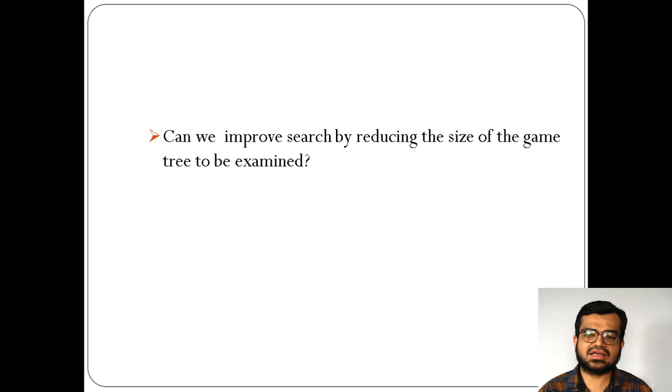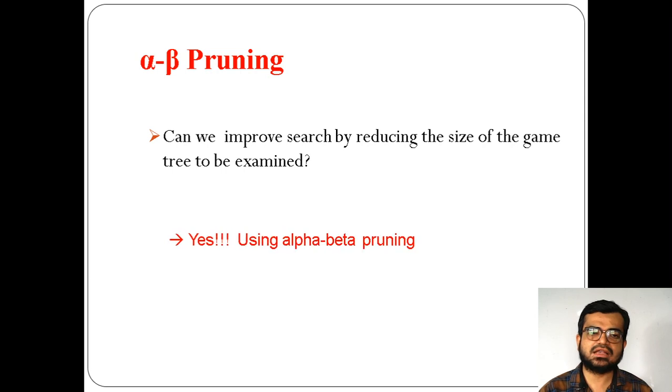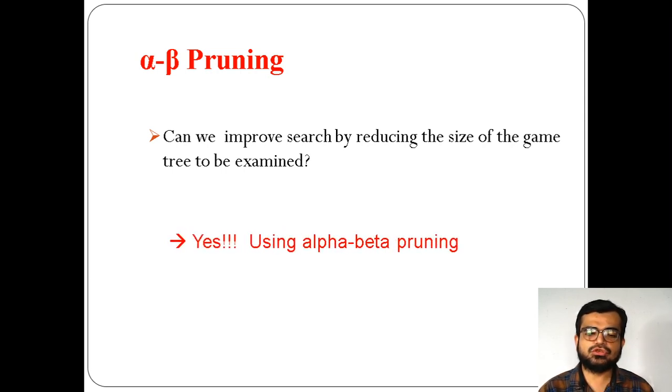In order to reduce the size, you have to reduce it in such a way that the nodes, the states which do not affect the outcome of the problem, I mean the solution of the problem, are removed or pruned. That's why there is an improved search strategy called alpha beta pruning. Using alpha beta pruning, you can remove the unwanted states which are not responsible for giving the output for the given problem.